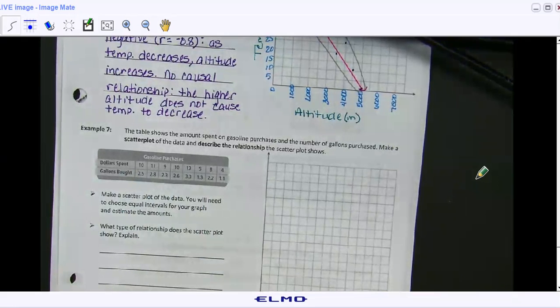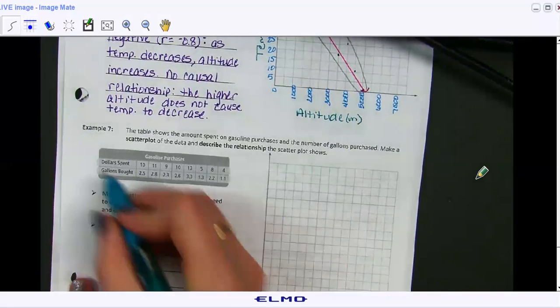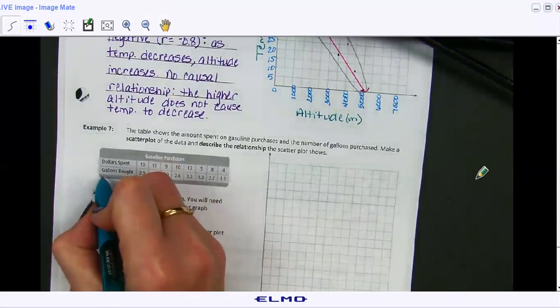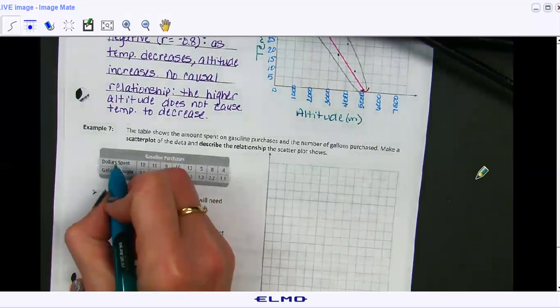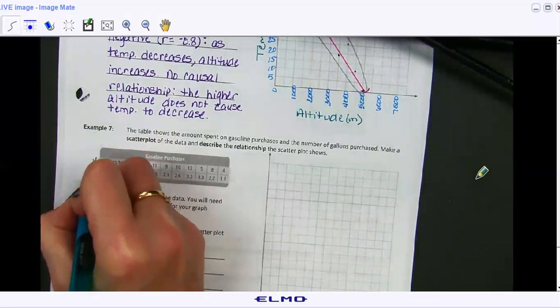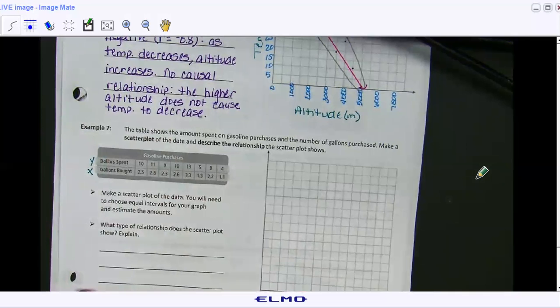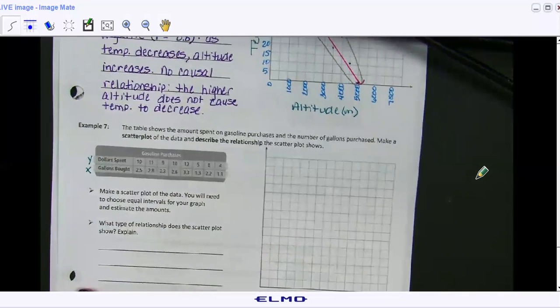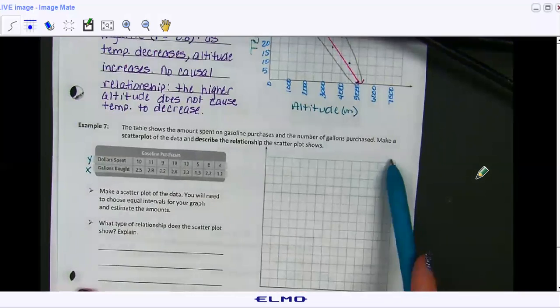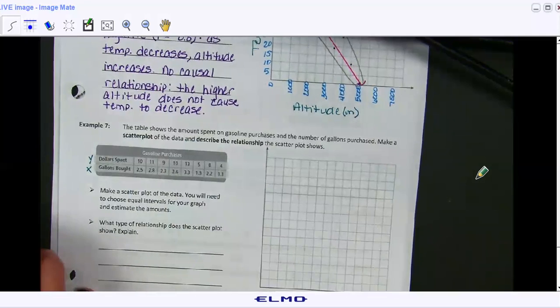What would be your independent? The more gallons you buy, the more money you spend. So the dollars spent depends on how many gallons you buy. So this is your Y and this is your X. It's flipped in this graph. So be very careful when you plot your points. That's confusing. Yes, it is. But sometimes you will see that. So go ahead and graph this data on here, and then we will describe it.